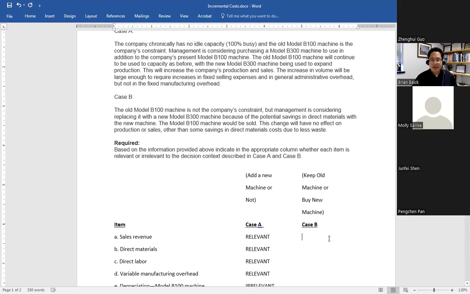In other words, I'm already selling everything I can make. So am I going to use the old machine or the new machine to make it? That's the question. So is the sales revenue going to change if I use the old machine, or is it going to be different if I use the new machine? I don't think so. It says that those are going to be the same. So this is irrelevant.